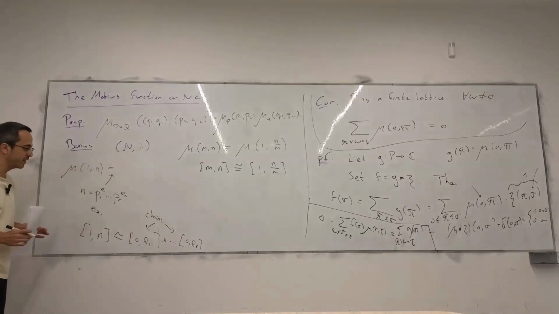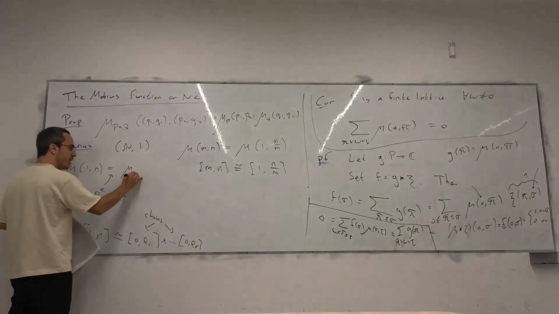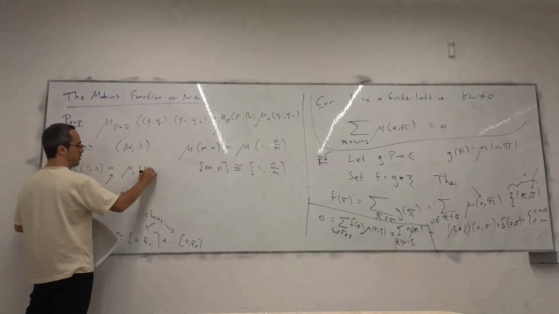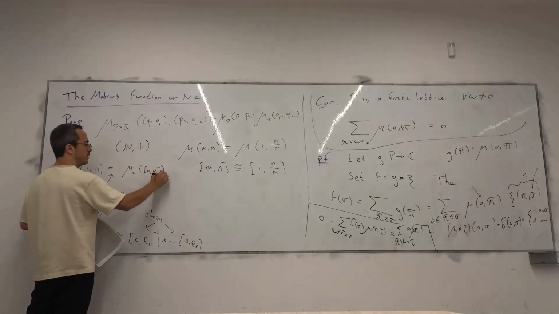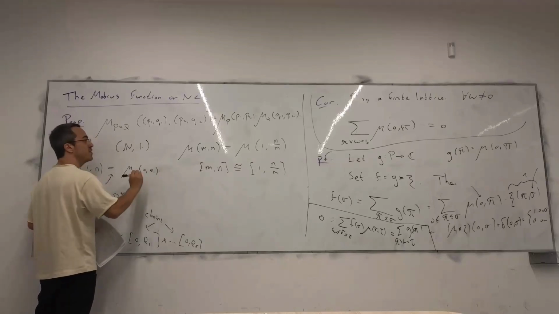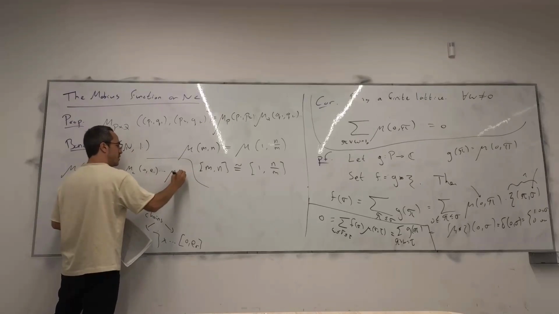Usual chains. So this means that mu of 1n is just mu of a chain, let's write it C, mu of chain of 0, E1, times, like as a number, mu of 0, ER.